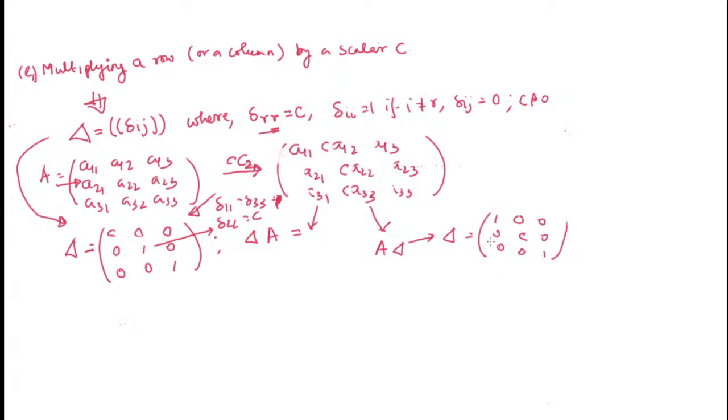So this E1 operation, multiplying a row or column by scalar C, is nothing but a pre-multiply when you use row operation, pre-multiply by an elementary matrix delta, or when you apply column operation, this is a post multiply by an elementary matrix delta.